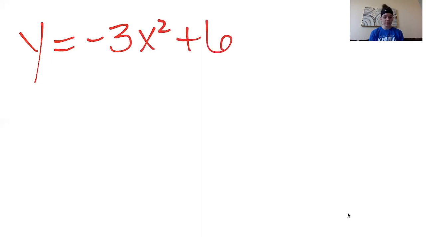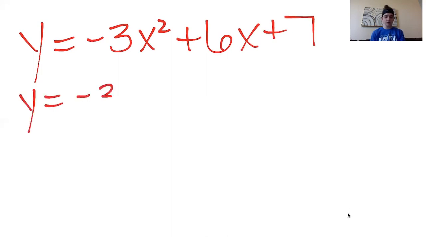Our last example is negative 3x squared plus 6x plus 7. Our leading coefficient is not 1, it's negative 3, so we're going to have to factor it out. When I factor negative 3 out of our terms, we are left with x squared minus 2x.